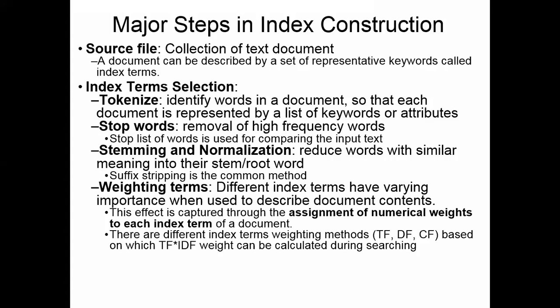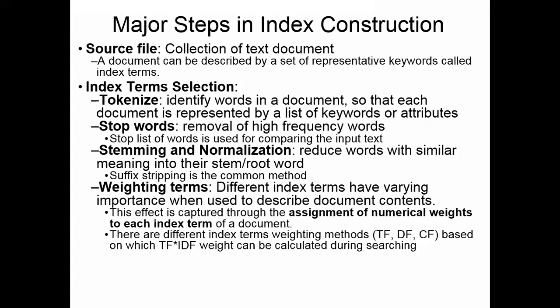Then after identifying weighted index terms, meaning for each index term we know the term frequency, document frequency, and collection frequency. That means for each index term we know how many times that term appears in a given document, how many documents across the collection contain it, and how many times that term occurs in the whole collection.